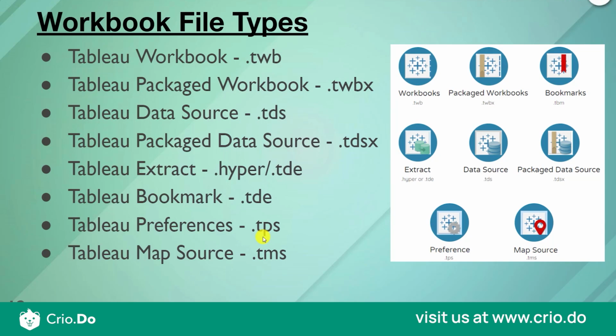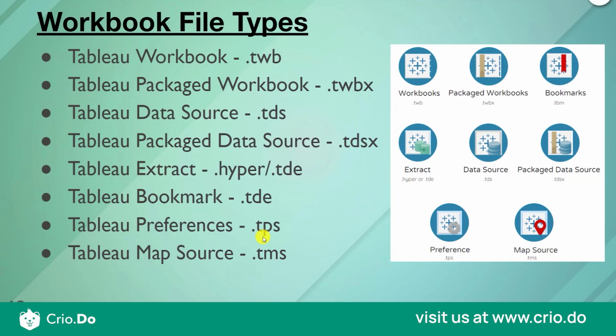It contains all the data or a subset of data if you are working with the extracted version. And if you want to work offline or if you want to improve your performance, it's always advised to use an extract. Whenever you are extracting the data, Tableau asks to save the hyper version, which is called the extracted version, and these are called hyper slash TDE.